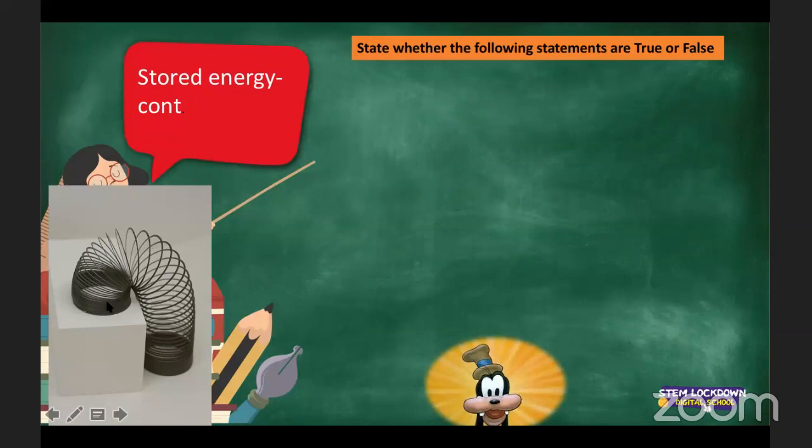This is a picture of a slinky spring. Whenever you pull or squeeze a slinky spring, it will produce a potential energy.